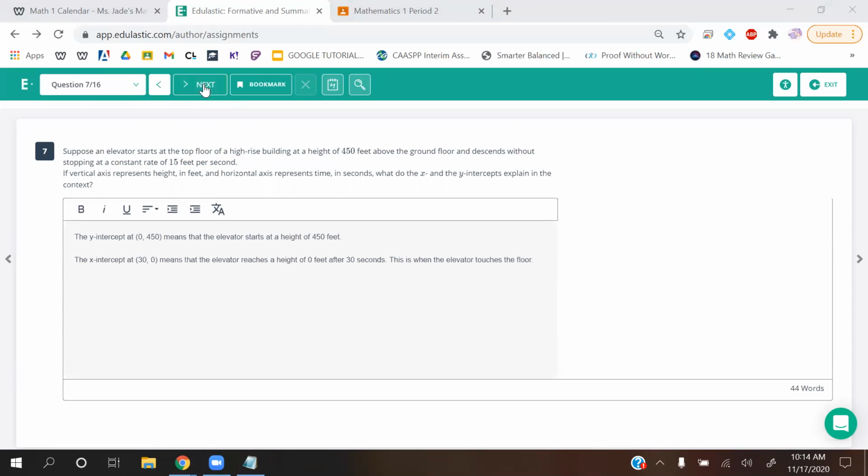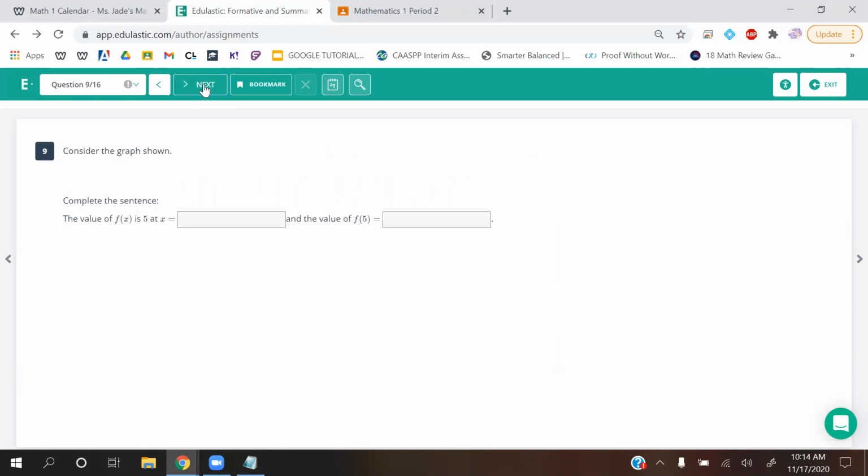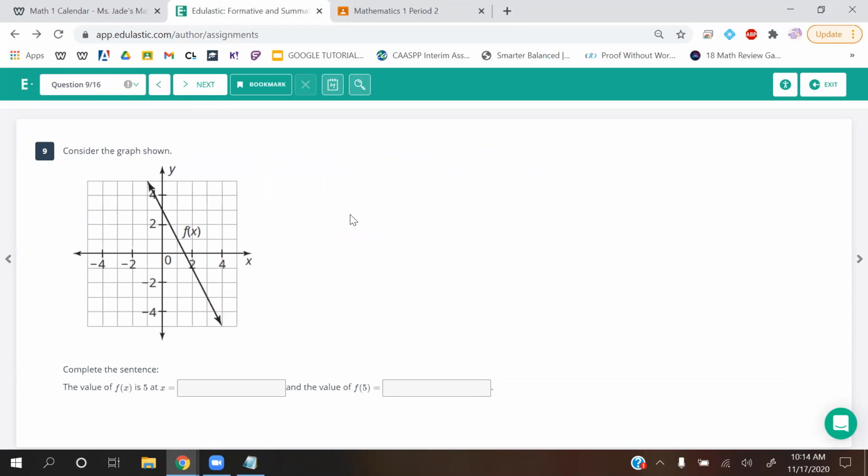Okay, let's do the next one then. Consider the graph below. Complete the sentence. The value of f of x at 5 is, the value of f of x is 5 at x equals what? They're looking for when our graph is going to be at the height of 5. So here's the height of 5.